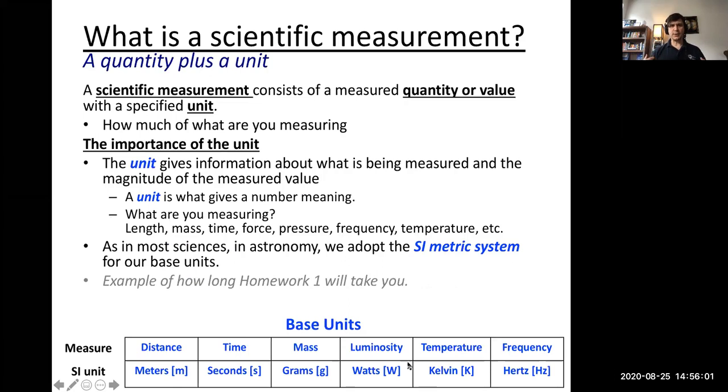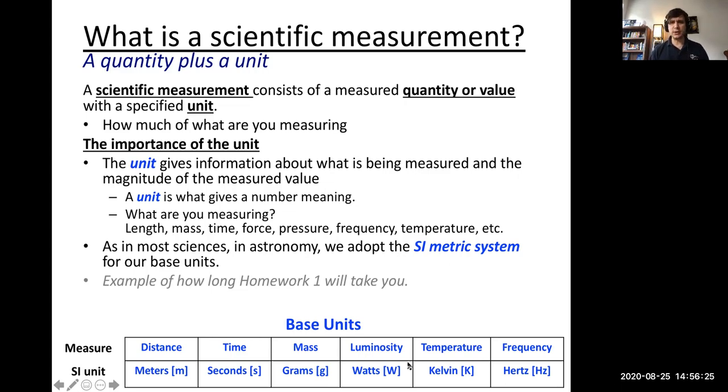So I want to start with what is a scientific measurement? I mean, this is what we do in science is we measure things. And we use those measurements to test our hypotheses and build theories and an understanding of the natural world around us. So a scientific measurement consists of a quantity or a value, a number, and then a specified unit that goes along with that number.